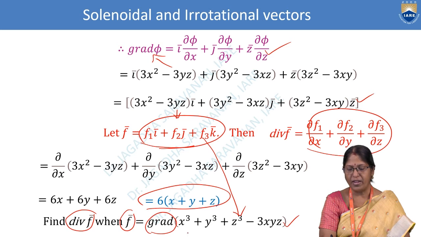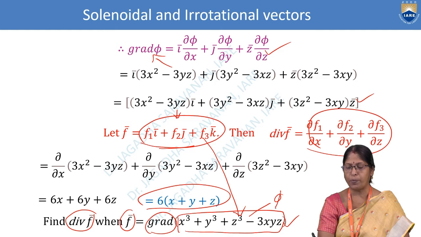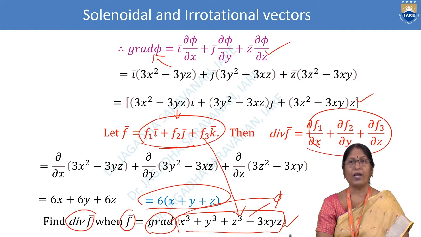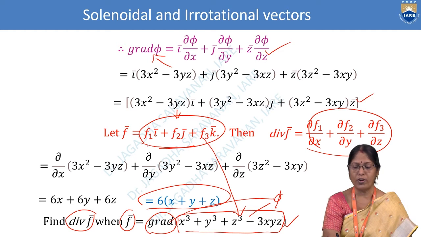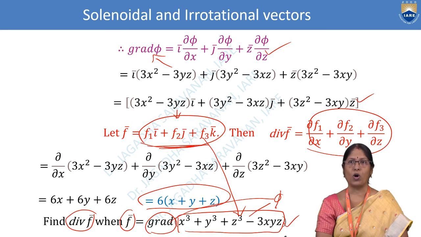That is the reason that initially we assumed part of our problem as phi, then did grad phi, and brought the question to this format to reach the solution correctly for this divergent f vector.